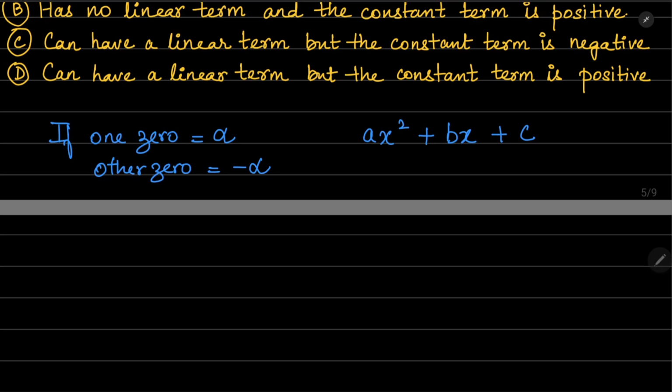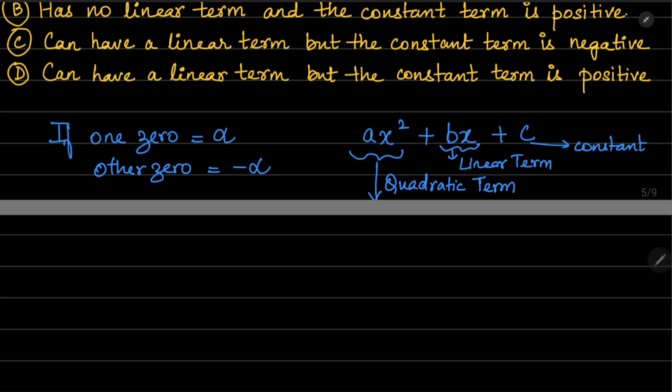Always remember, this first term, the x square term, is called the quadratic term. This bx, because it is the coefficient of x and the degree of x is 1, is called a linear term. And c is called a constant term.